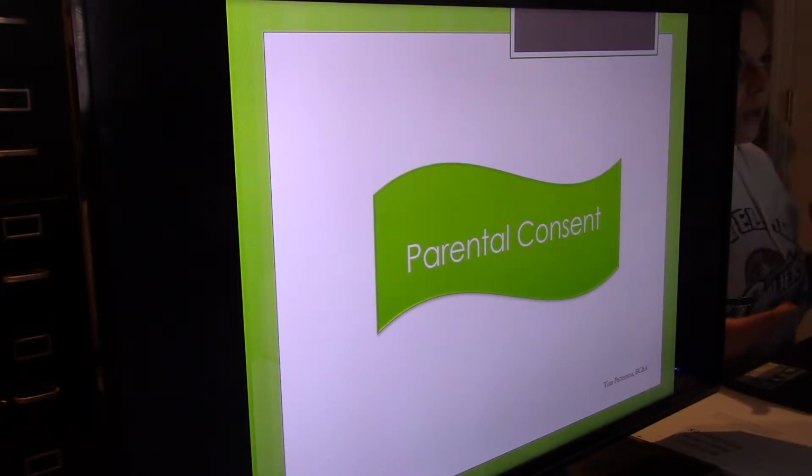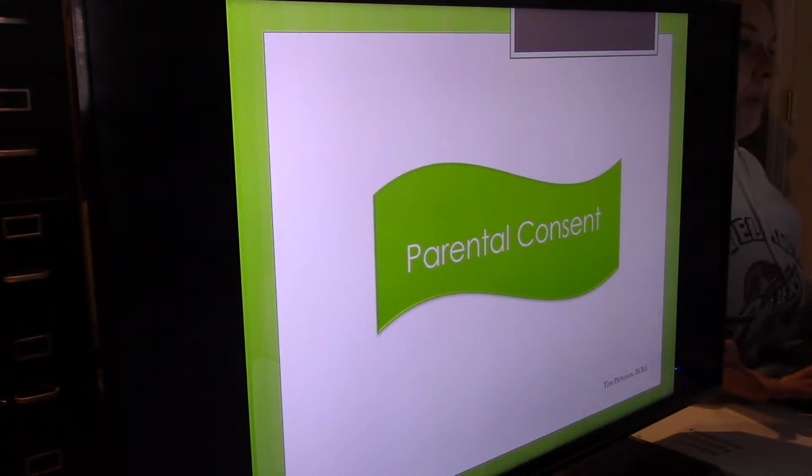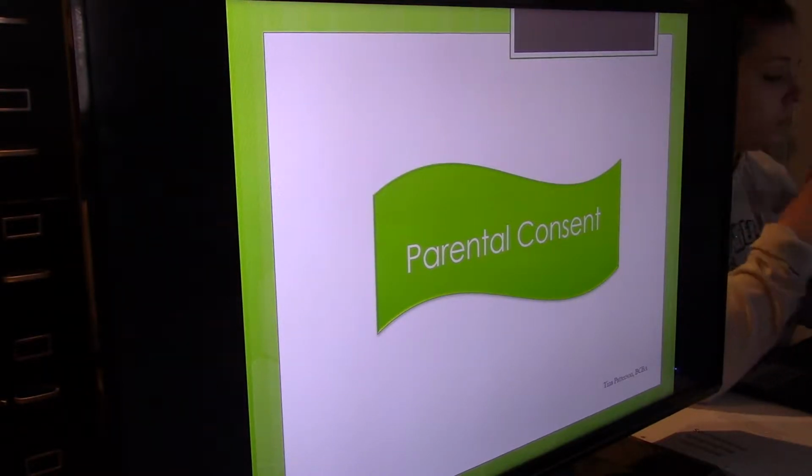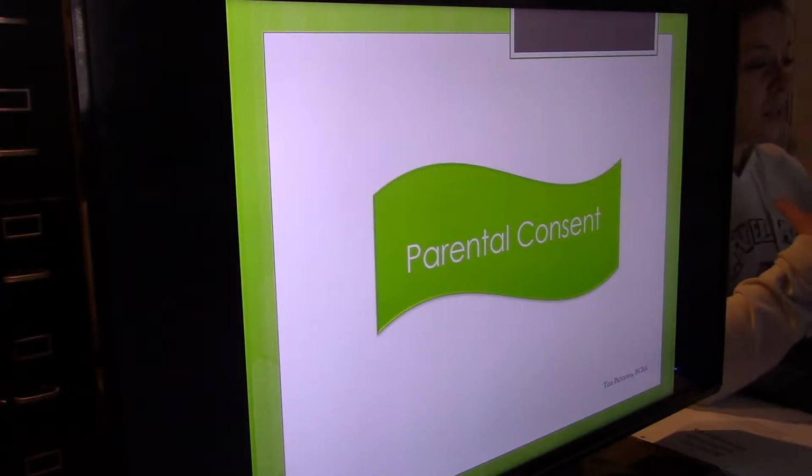It's also required through HIPAA, to make sure that we're keeping this information confidential. Nobody else is going to know this. You need to know what's going on with your child's life.